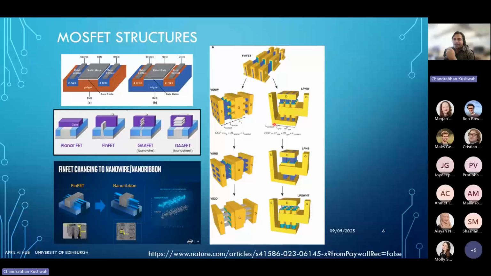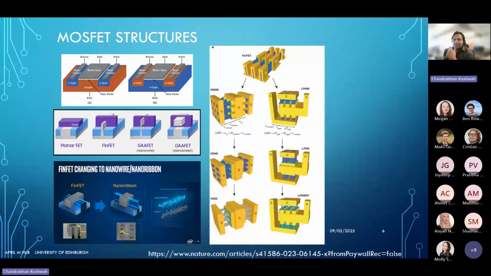On the right side, a set of 3D illustrations explores vertical stacking configurations, like vertical nanowires, vertical nanosheets, and vertical 2D sheets. These concepts aim to maximize the channel density while minimizing the footprint of the device, so that we can accommodate more devices into the same silicon area.